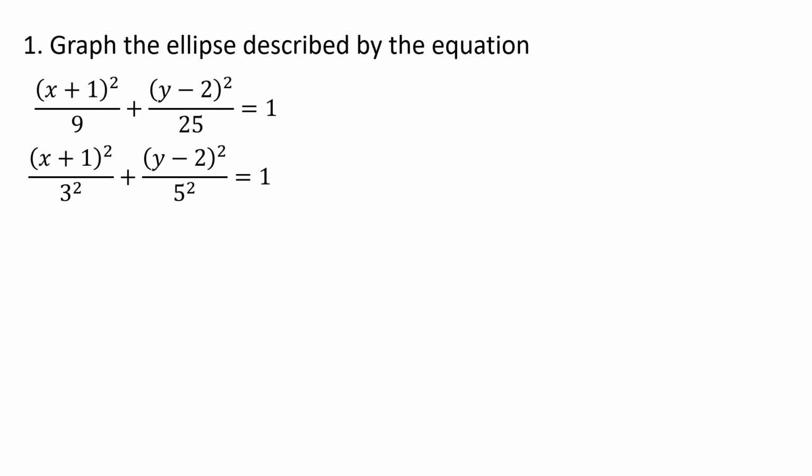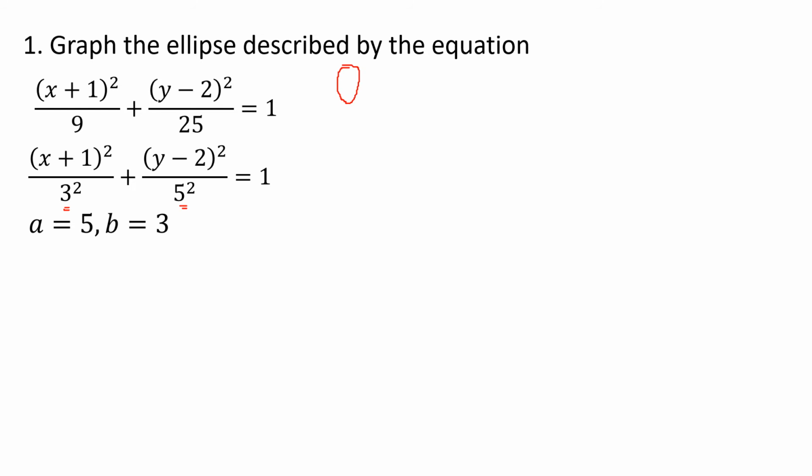And then we identify a, b, and c. So a here is 5 and b is 3. Since a is under our quantity y minus 2 squared, the major axis is vertical. So nagapatindog ang ating ellipse.